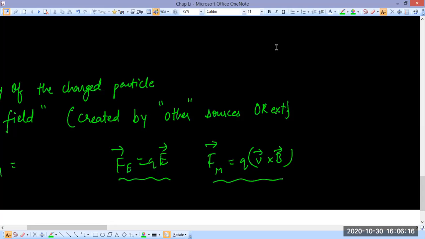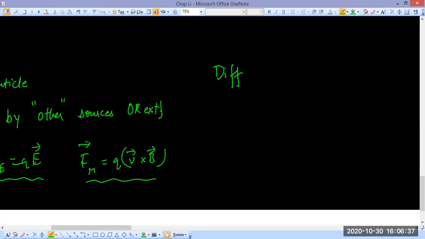gives it importance in relative motion. If you think about the magnetic force, it depends on velocity. So if you watch it from different frames of reference, then the velocity will be different, right?